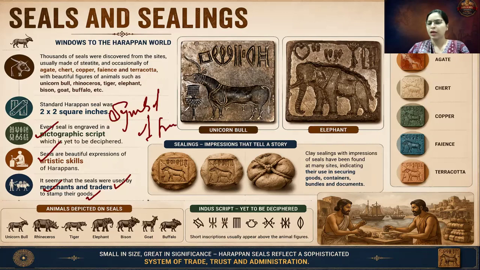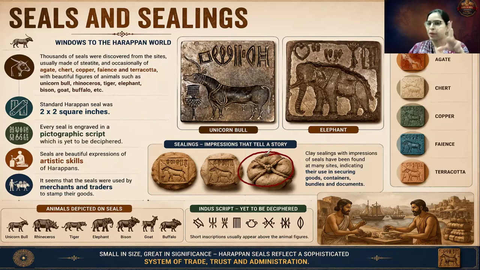So for example, if any bag came to Mesopotamia or to any other place, and if there is this logo, they will easily identify this as a good from Harappan civilization. So that is a mark of trade. Second important thing, it could also help to stamp the goods. For example, if there is a good, we have packed something into this which we need to export.